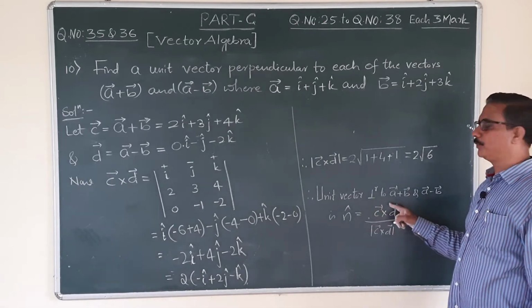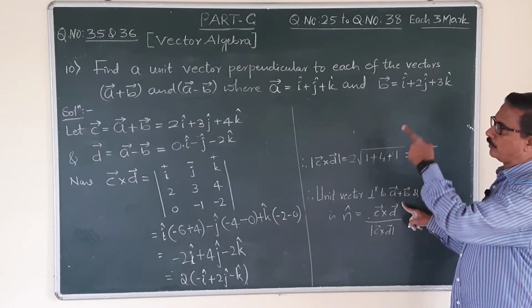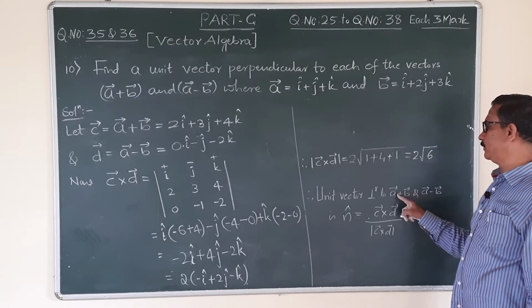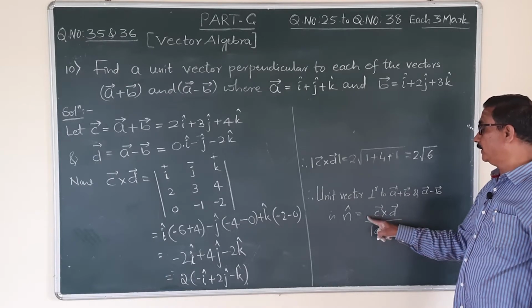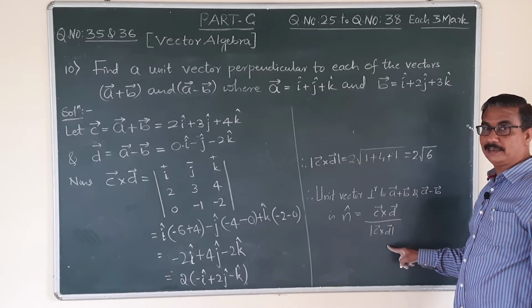Therefore, unit vector perpendicular to each of the vectors a plus b and a minus b, that is denoted by C and D, is denoted by n cap, is equal to formula C cross D vector divided by their magnitude.